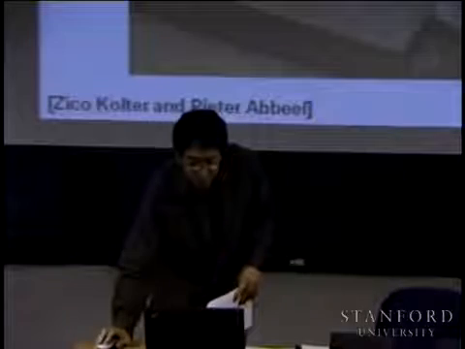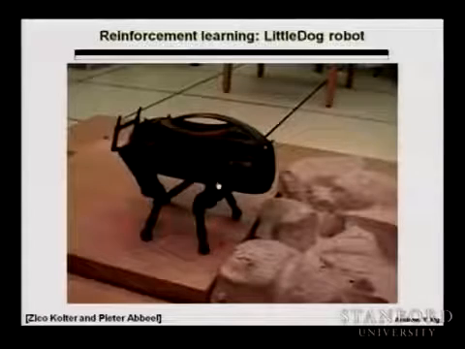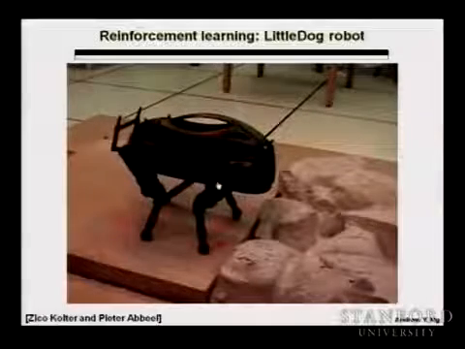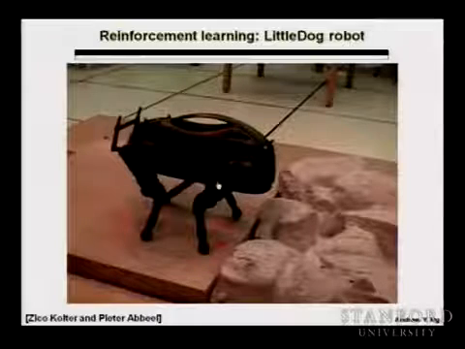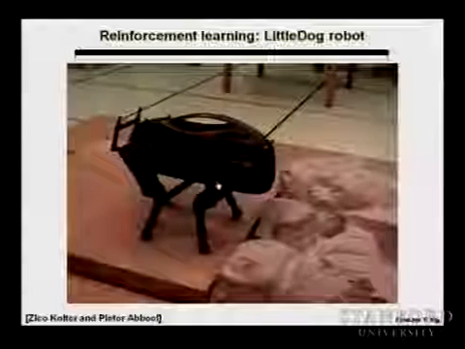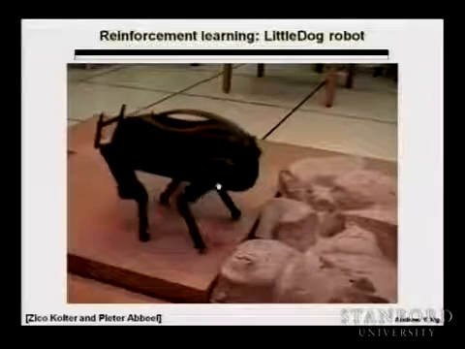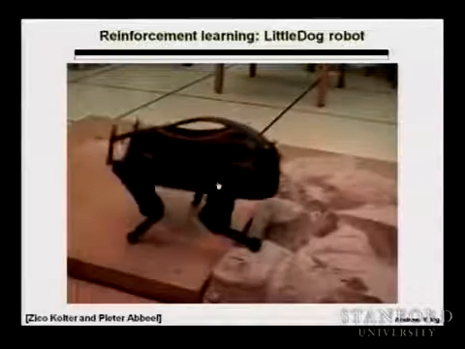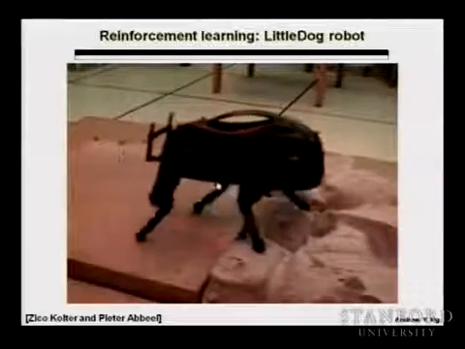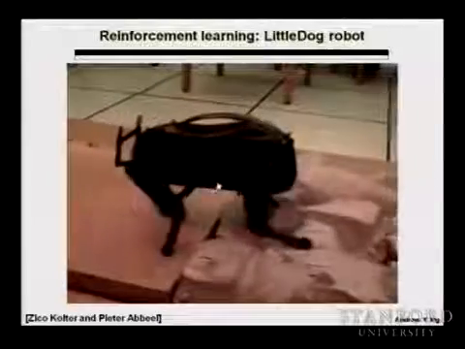Let me just close with a few robotics examples because they're always fun and we just have these videos. This video was the work of Zico Coulter, our head TA, and Peter Abiel, who is a PhD student here. And they were working on getting a robot dog to climb over difficult rugged terrain.